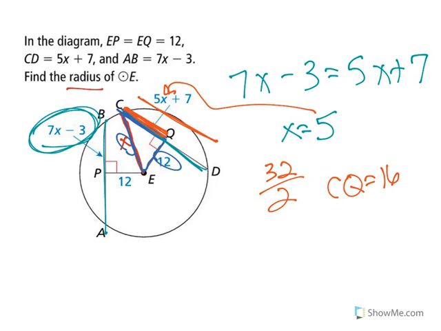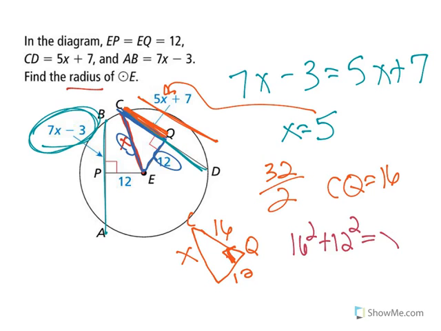So let me just redraw this. We now have this right triangle where we know two sides, and we're looking for the hypotenuse. So we can put it all into the Pythagorean theorem and do 16 squared plus 12 squared equals x squared.